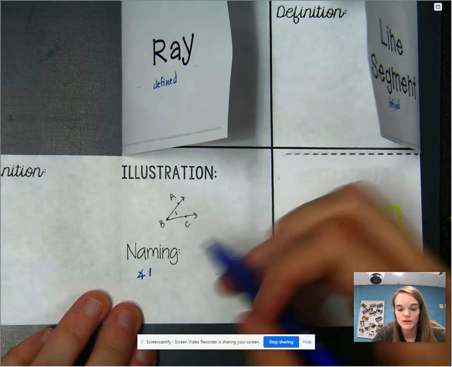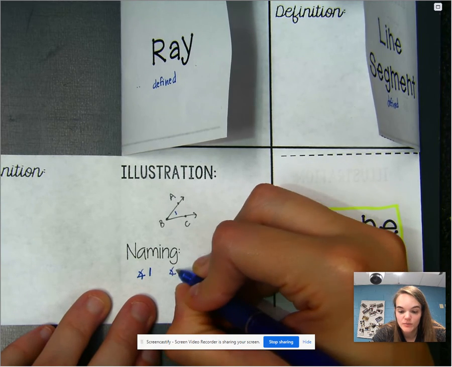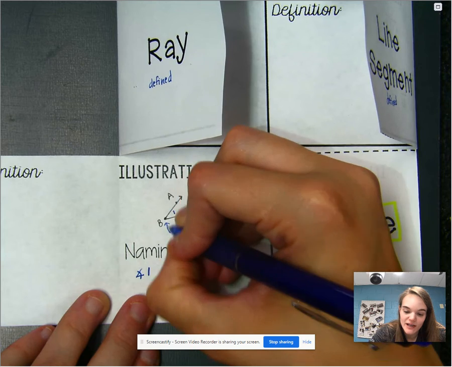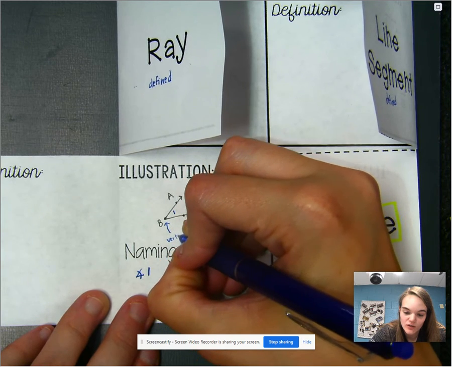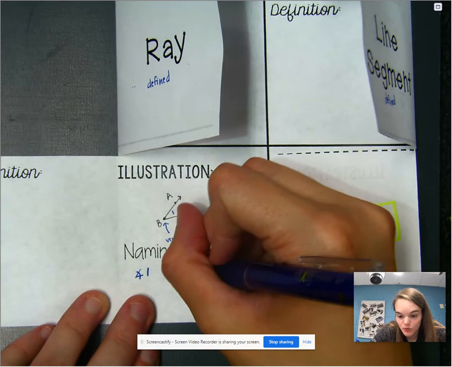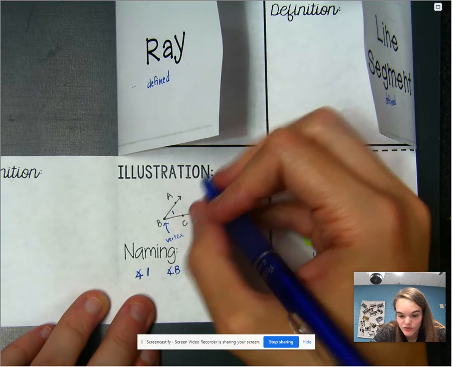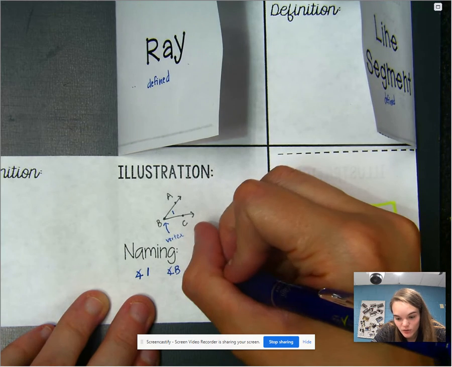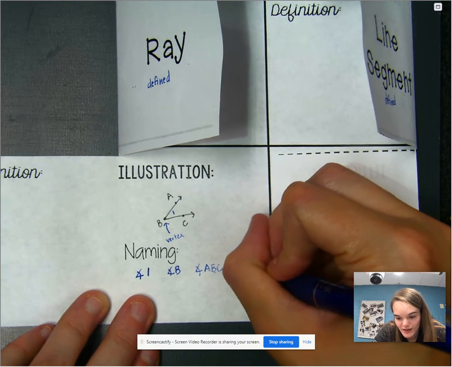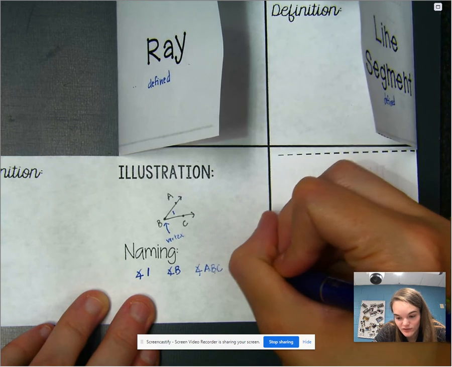So this could be angle 1, or it could be angle B. If it's just one letter, it has to be the vertex of the angle, okay? Or it could be labeled with 3 letters, A, B, C. Notice the vertex is in the center, or C, B, A. Again, the vertex is in the center.